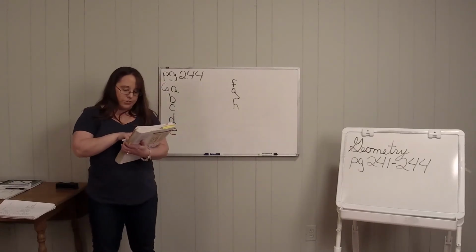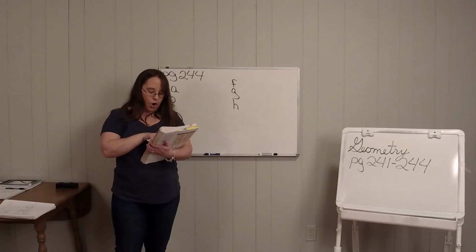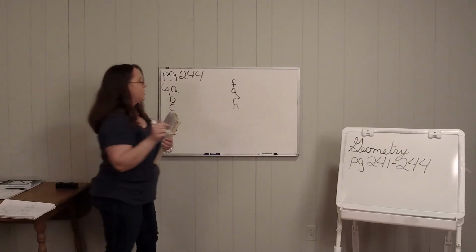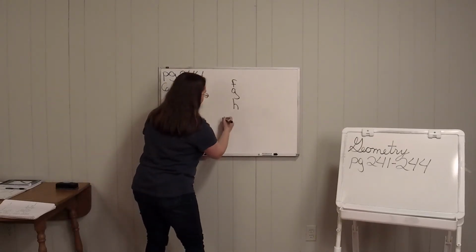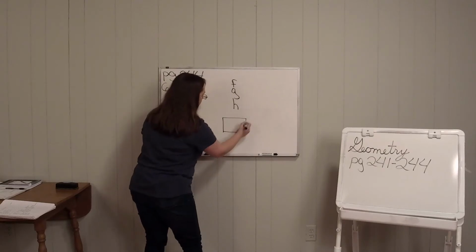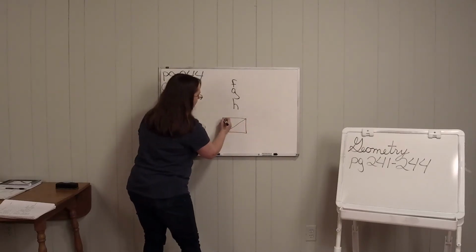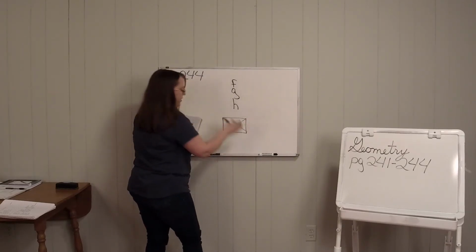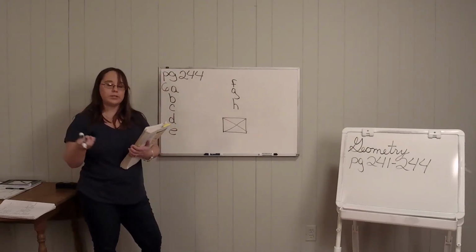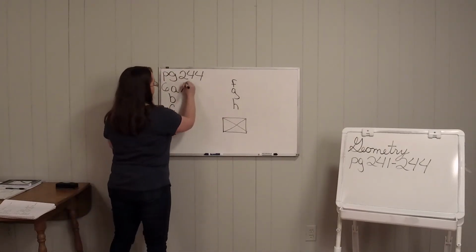The two diagonals of a rectangle are congruent. That means if you have a rectangle and you have your two diagonal lines, are they the same? Are they congruent? Yes, they are, so it would be true.